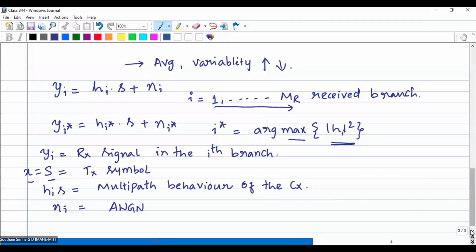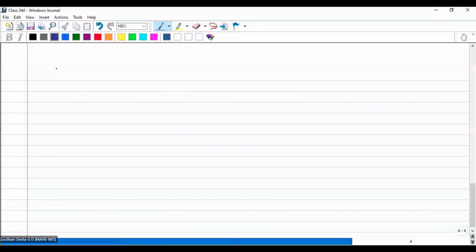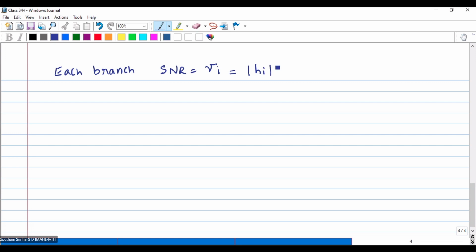Now each branch experiences fading SNR, each branch SNR, that is gamma_i, which is equal to mod h_i square into the expectation of s square that has been transmitted, with respect to the expectation of n square, the IID Gaussian noise that is received at the receiver.